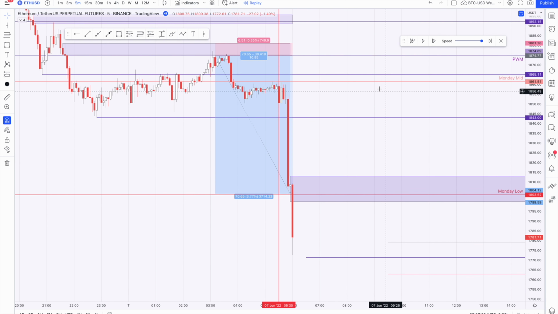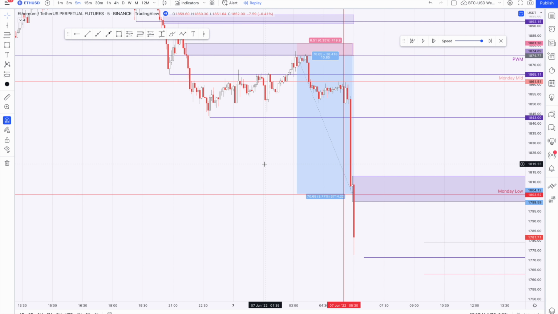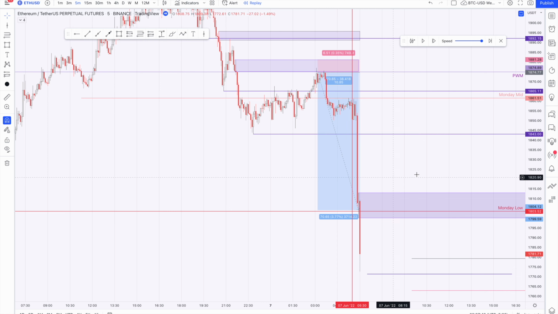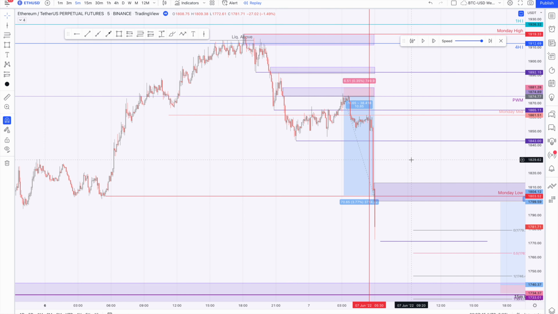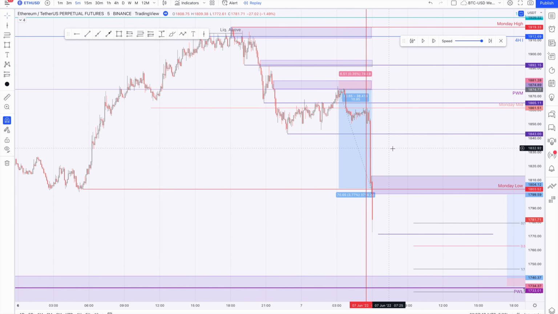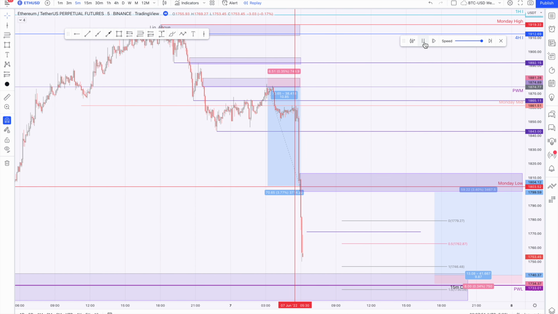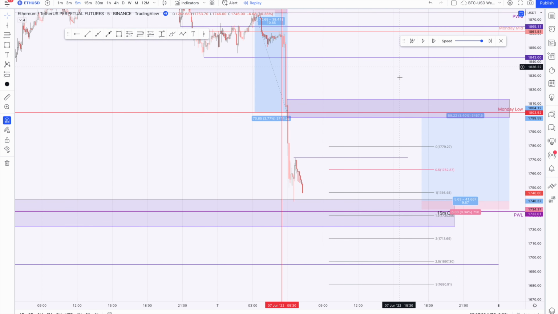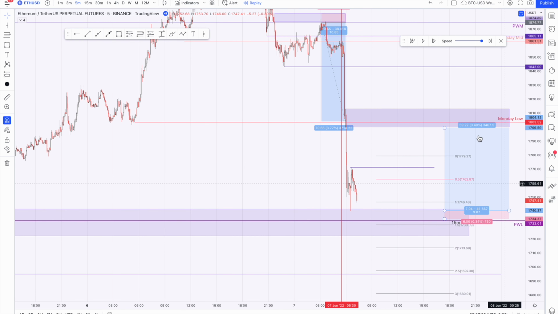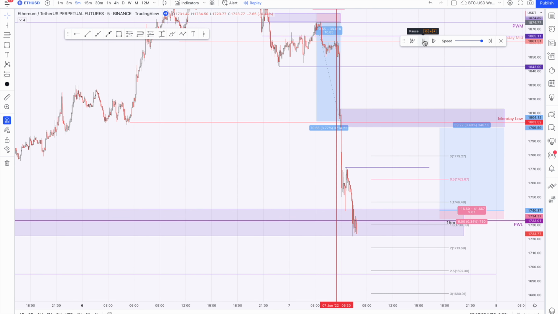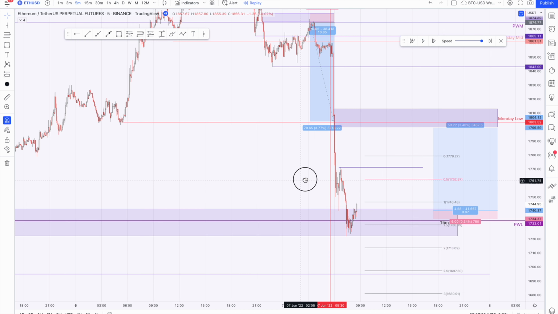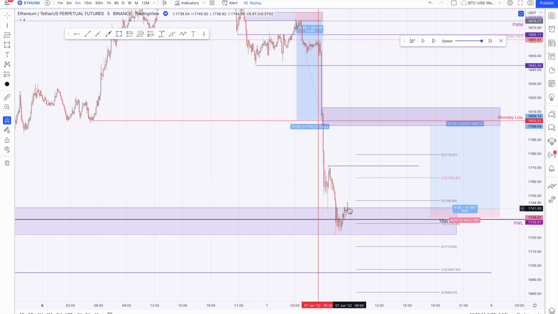And you saw this, right? So I was targeting Monday low. I did not really expect Ether to be that weak. But yeah, eventually we just kept on coming down, and we tapped into the previous week low, as you'll see. All right, but this level, it's acting as a support for Ether.